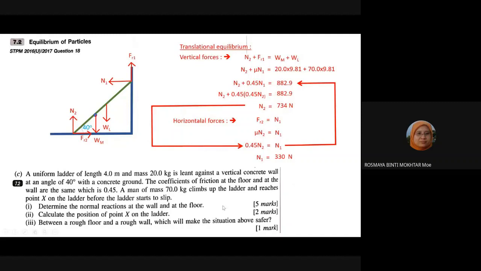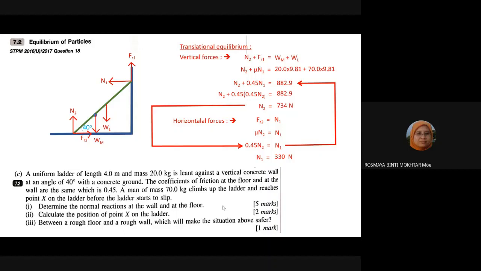So any question for C1? Teacher, for the vertical forces, the upward forces equals to downward forces, right? So it's like W, right? So for the previous question, why we didn't include the W? Because the first question only asks for T1 and T2.